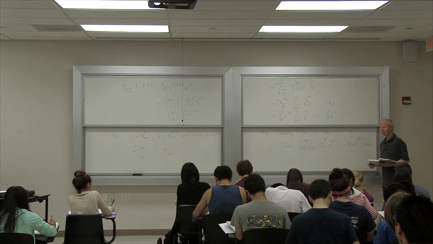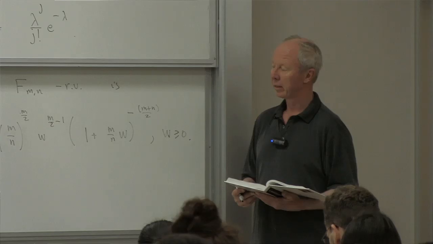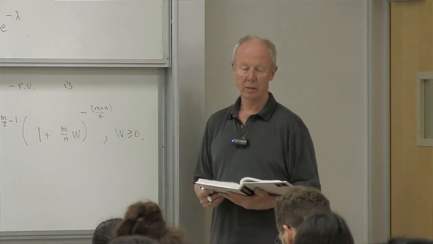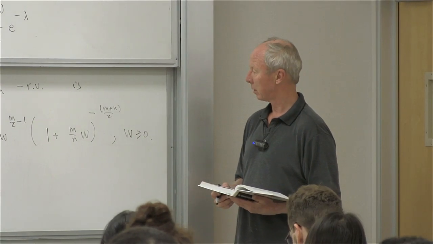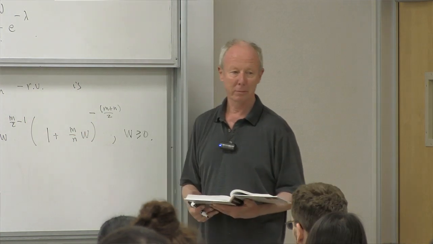For W less than 0, the density is 0, because we're taking the ratio of two non-negative quantities. And we did this in class. I didn't rearrange all the terms, but we got all these things.